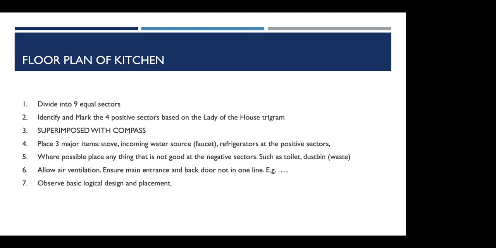Of course, you have to observe the basic logic, design, and placement, because the interior designer or the architect is supposed to design all this. Architects and designers in the first year in university learn about the golden rule proportion. That was year one's job.